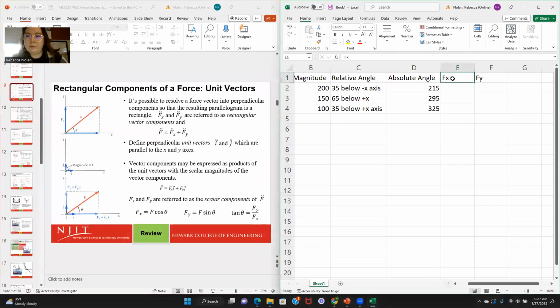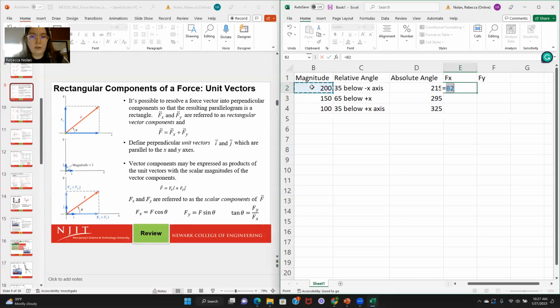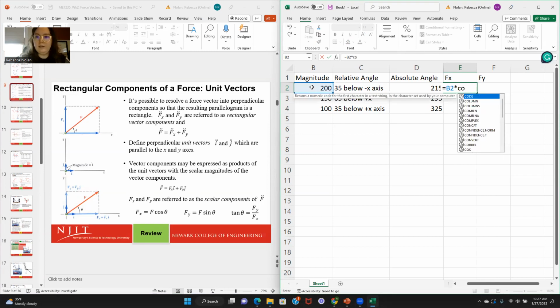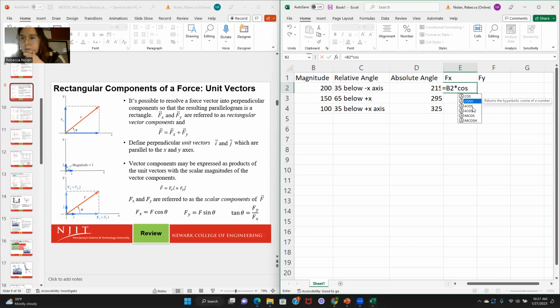Fx equals F, where F would be the magnitude, times cosine of, and I have a feeling Excel might be set up for radians, so it may give us an odd number right now.